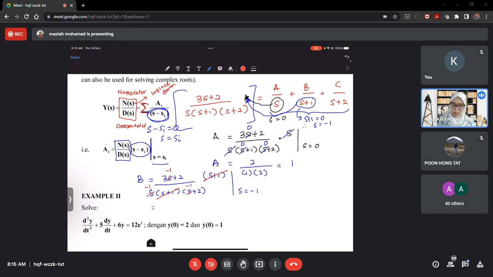So we have 3 multiplied with minus 1, minus 3 plus 2, which is minus 1, over minus 1 multiplied with minus 1 plus 2, which is positive 1. So minus divided by minus is positive 1. So B is 1.